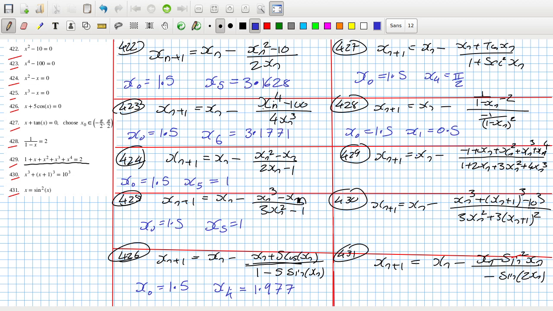All over 1 plus 2 times the answer plus 3 times the answer squared plus 4 times the answer cubed.